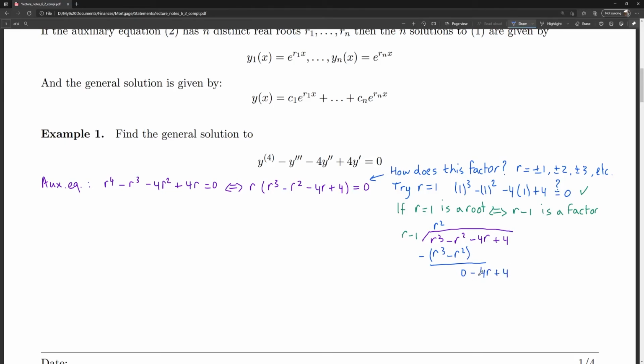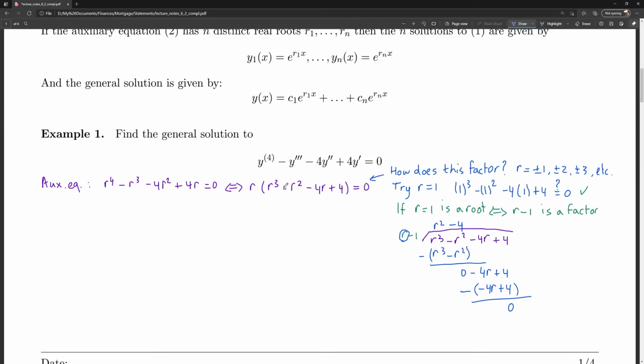And so we're looking now at negative 4r plus 4. And again, we're going to just take a look at that r and see how many times does that fit into negative 4r. And so that is negative 4. And so negative 4 times r minus 1 is negative 4r plus 4. And we're subtracting all of that. And we get 0. So this actually divides evenly, which it should because it's a factor.